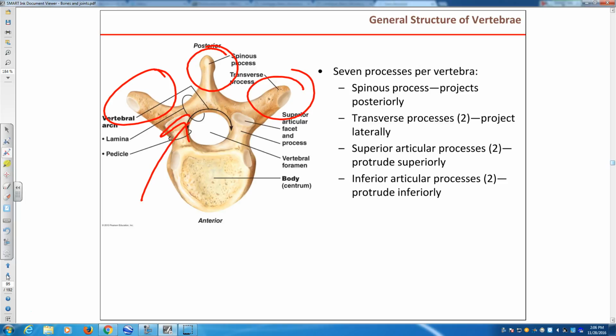That's the inferior articulating process, and it forms a joint with this superior articulating process. Does that make sense? It's like the lower vertebra extends its arms and the upper vertebra hangs down its legs, and they hold, you know.